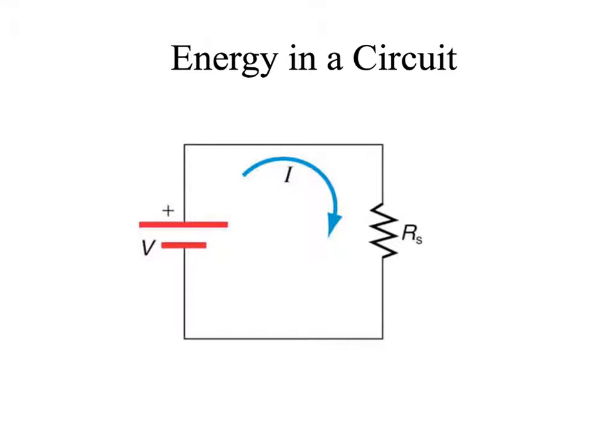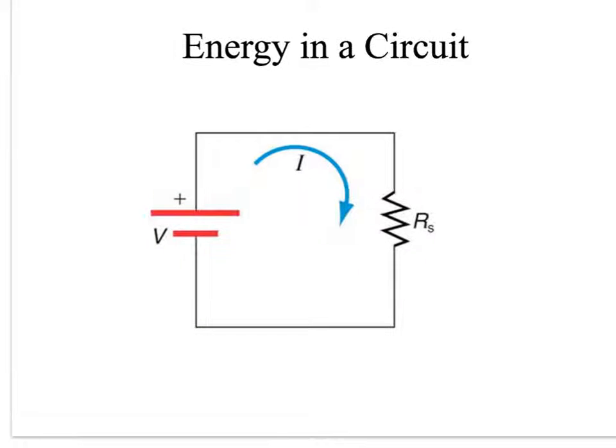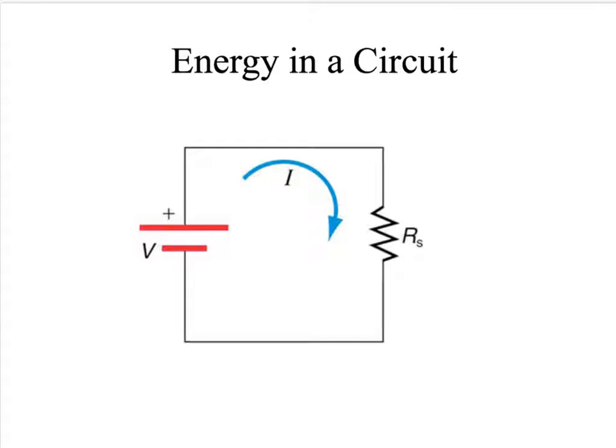Alright, so in today's lecture and in the reading, we began to talk about the possibility of current flowing through a circuit. And so here is a very simple circuit that we learn about in this chapter. We have a battery, and the battery is the source of power. This allows the current to flow.